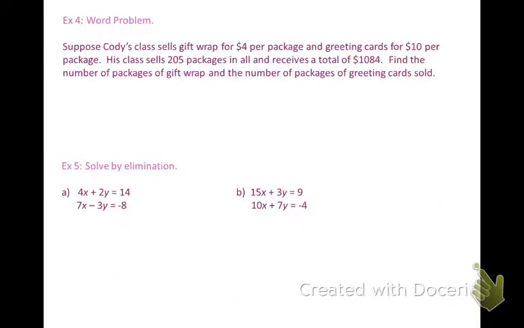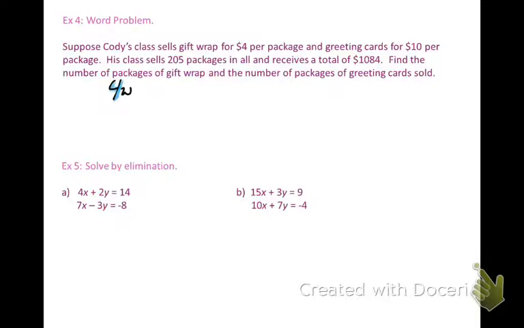at the next part. Suppose Cody's class sells gift wrap for $4 per package and greeting cards for $10 per package. So again, let's do money. So he has $4 for gift wrap. What do you want to call it? Wrap.